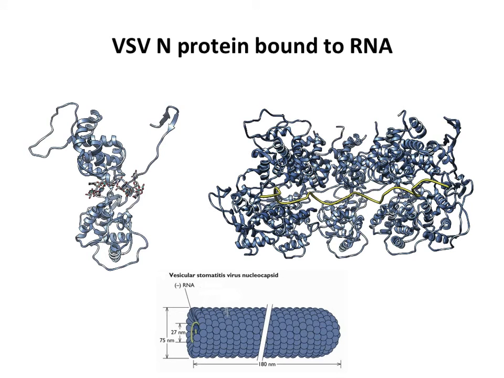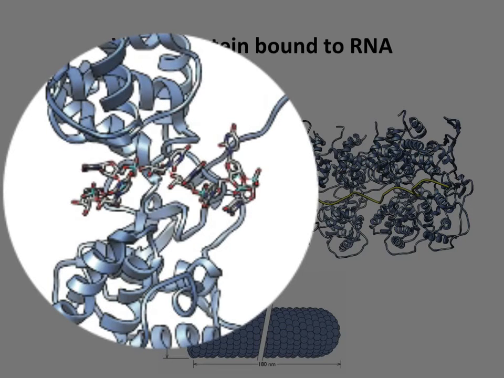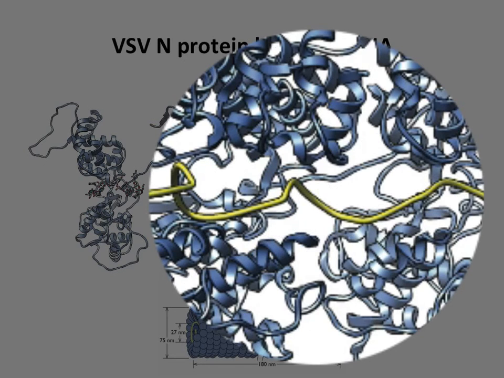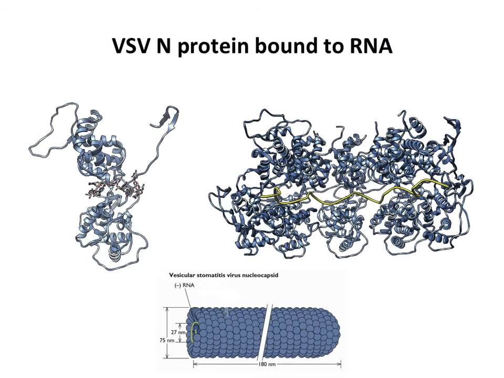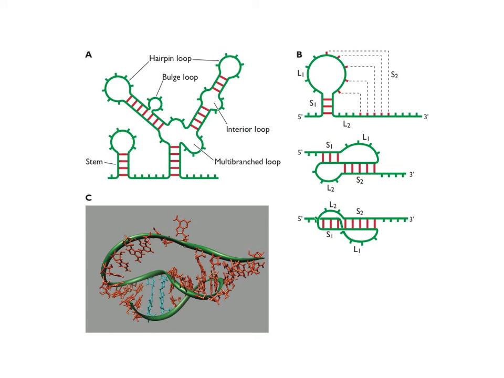And this protein subunit, the nucleocapsid protein, binds the RNA, and here it is binding to a short stretch of RNA, and here are a number of them binding to a longer piece of RNA. So this is what I mean that the RNA comes into the cell complexed with protein. In addition to this nucleocapsid, it also brings in the polymerase with it and a few other proteins that are needed to make RNA. So RNA can be naked or it can be complexed in the virion.